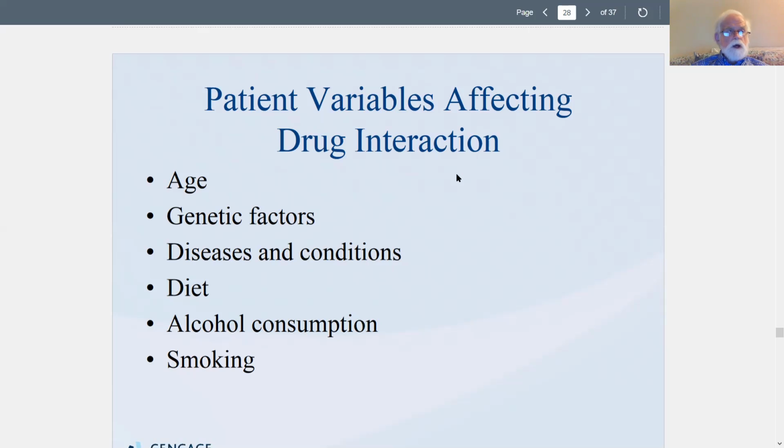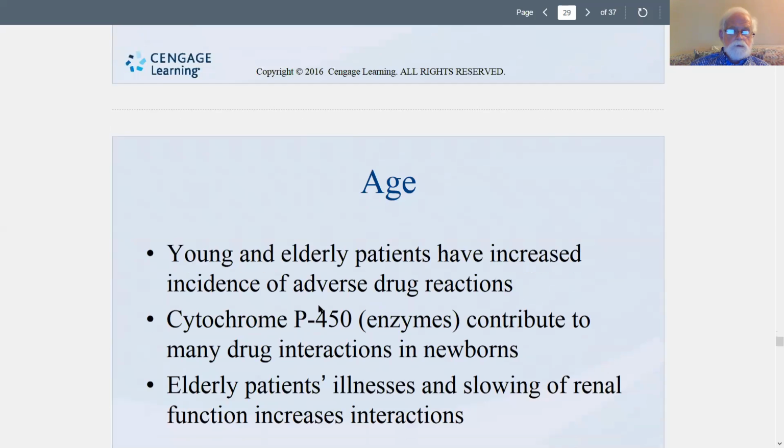Smoking is the same way. Smoking will interfere with the metabolism of some drugs. It will also accelerate the metabolism of others. Alcohol consumption in small amounts sometimes will actually accelerate the metabolism of drugs, but in large amounts will interfere with liver systems, as we know.